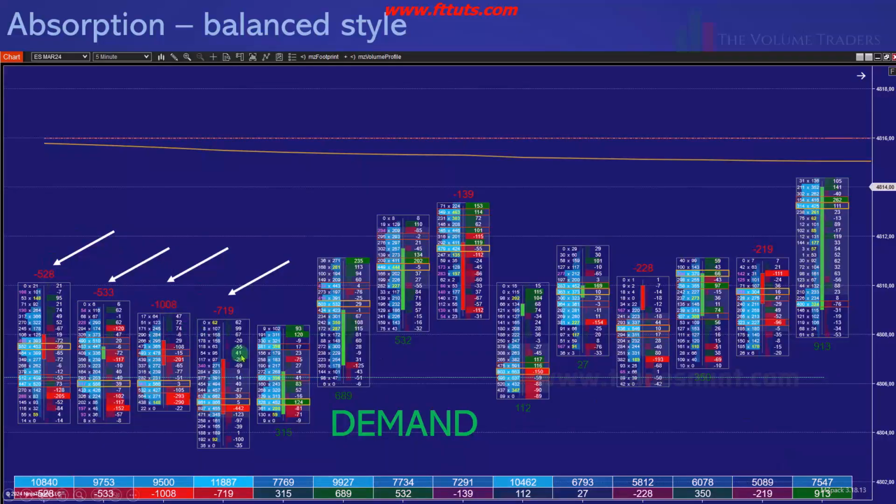Pushing down, and the price went up. So from the lesson about supply and demand, the fourth video or third lesson, there was a moment when I was talking about delta zones. So here's a beautiful typical delta zone. Negative delta, but price went up. It leaves the demand zone.